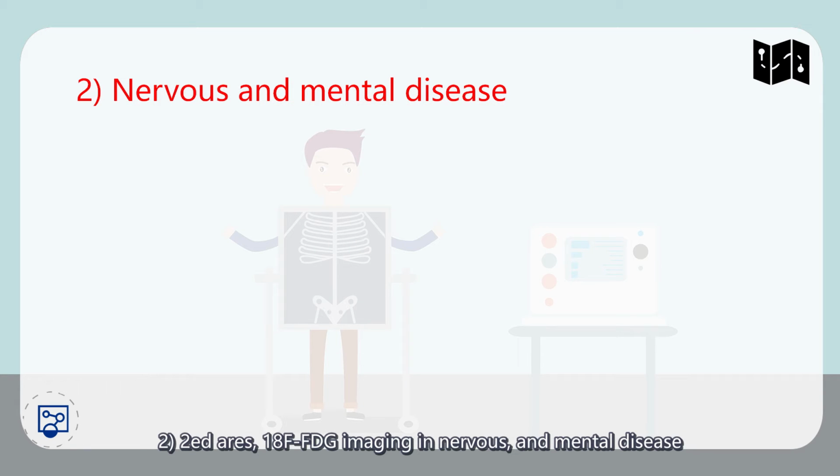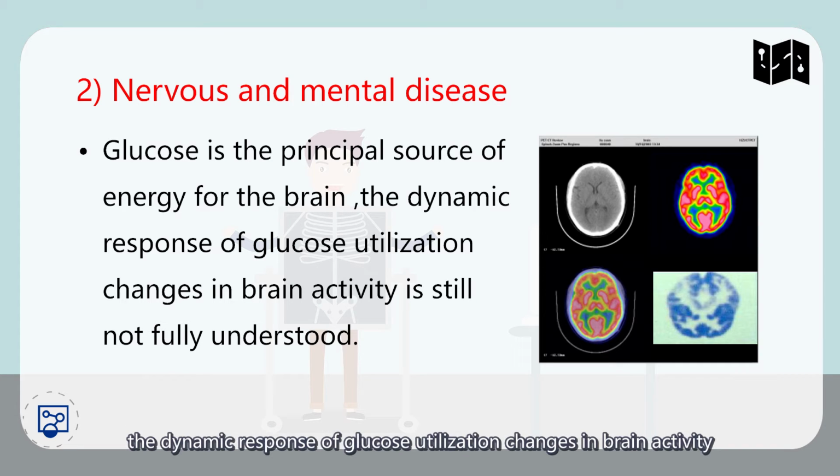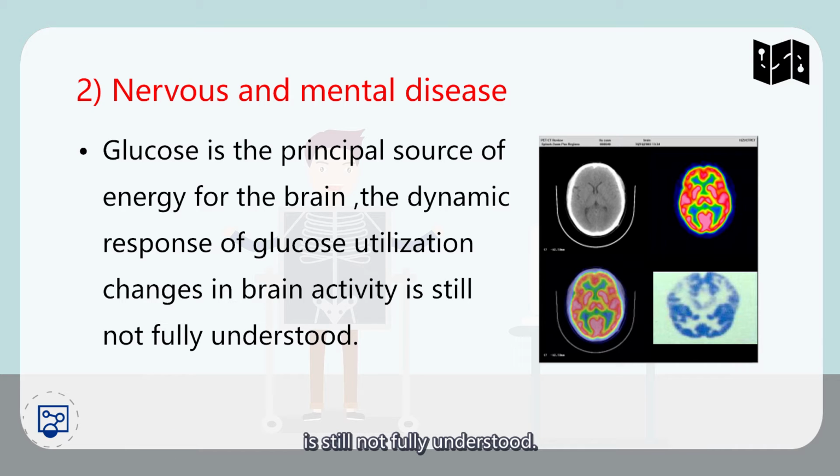And the second area, F18-FDG imaging in nervous and mental disease. Glucose is a principal source of energy for the brain, and the dynamic response of glucose utilization to changes in brain activity is still not fully understood.